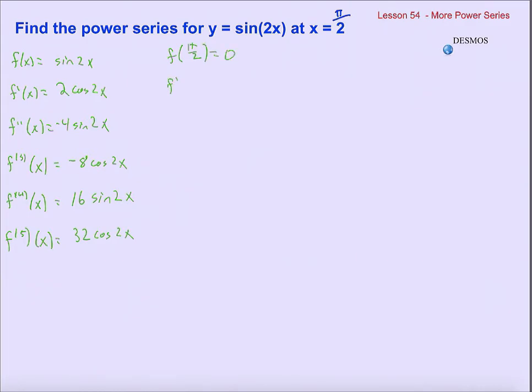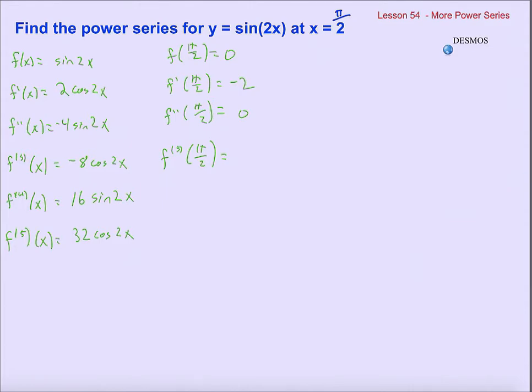And f prime of pi over 2, well, this time it's the cosine of pi, which is negative 1, with a 2 in front of it. And f double prime, well, we're back to the sine of 2 times pi over 2, which is 0 again. And then for the third derivative, it's back to the cosine of 2 pi over 2, which is negative 1.